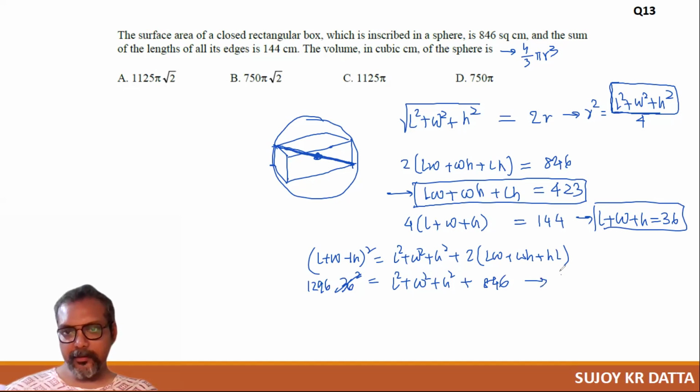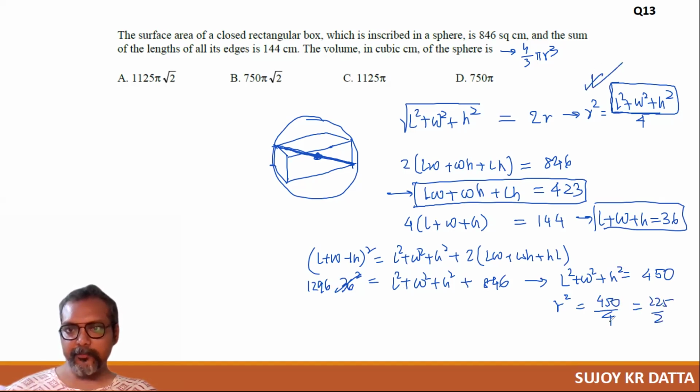So from here, we get L squared plus W squared plus H squared to be 450. So R squared will become 450 divided by 4. So that is 225 by 2. And R will therefore become 15 by root 2.